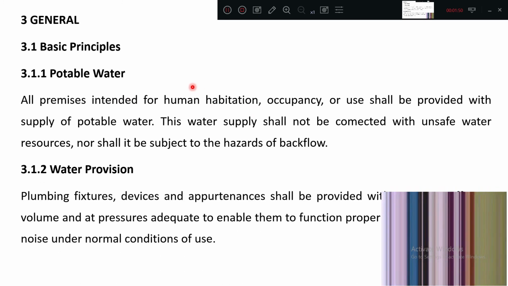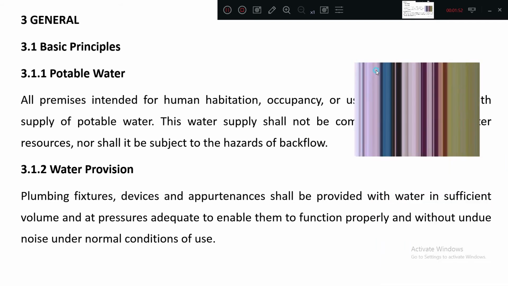So what does water provision mean? Plumbing fixtures, devices and apparatuses shall be provided with water in sufficient quantity and at pressures adequate to enable them to function properly and without undue noise under normal conditions of use.